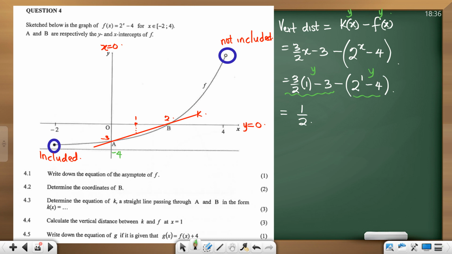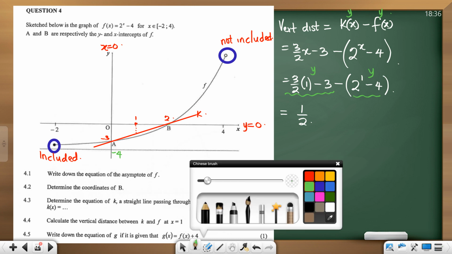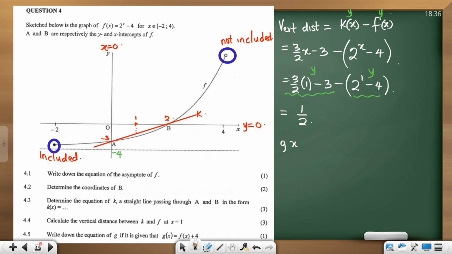Write down the equation of g if it is given that g of x equals f of x plus 4. F of x minus 4. See, I'm just adding what? What have we done?